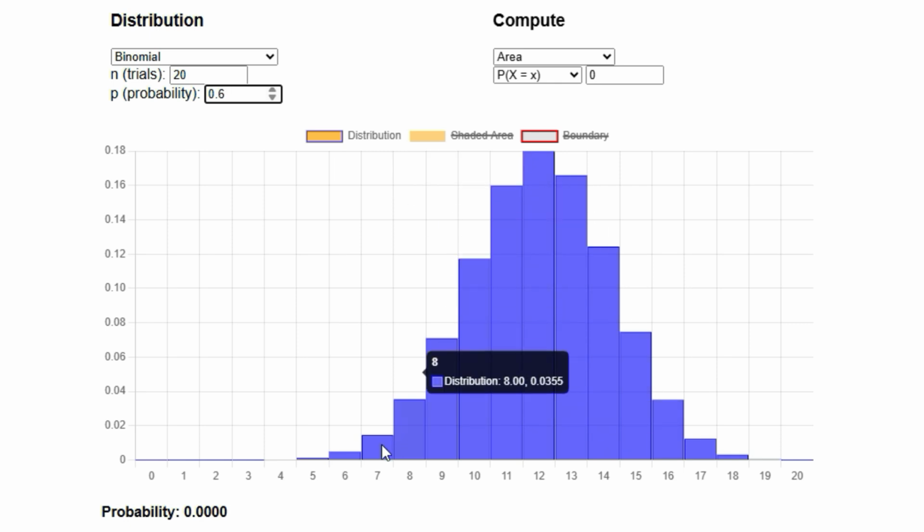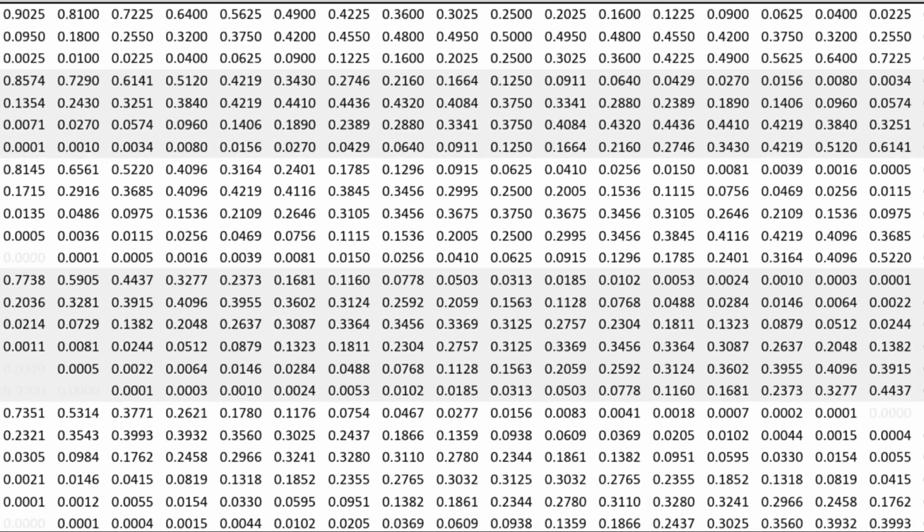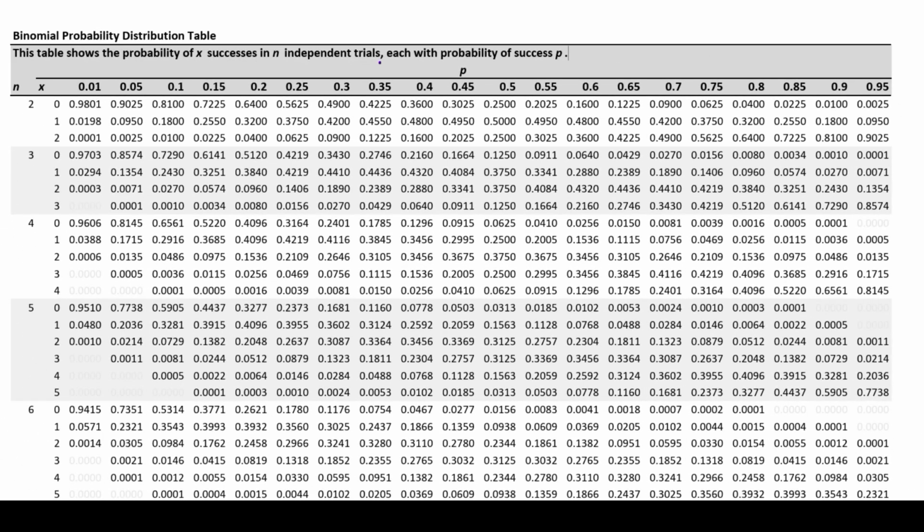To appreciate what we're doing here, let's take a quick look at a binomial probability distribution table that students will typically encounter when they're first faced with a binomial distribution.